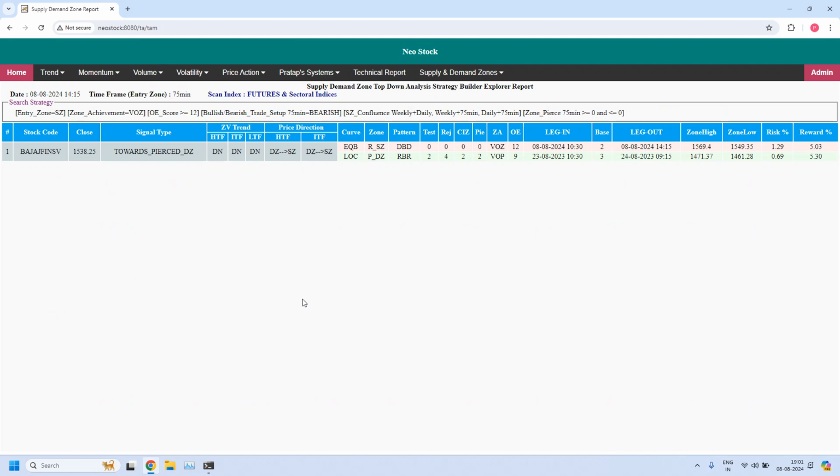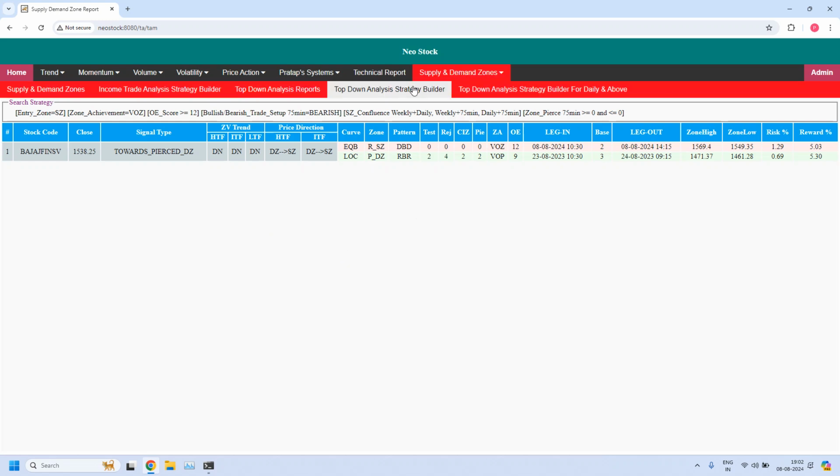So that means Bajaj Finserv weekly supply zone, the 75 minute supply zone is having confluence with both daily and weekly, and also daily and weekly also having confluence. So all the 3 confluences we described here. Good. So this is about bearish trade setup for weekly income trade with confluence.